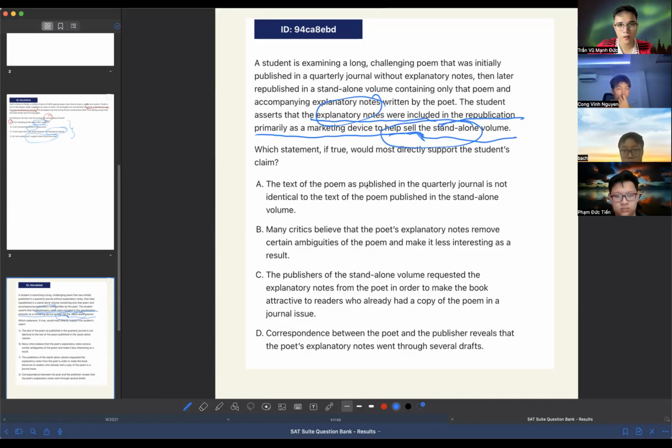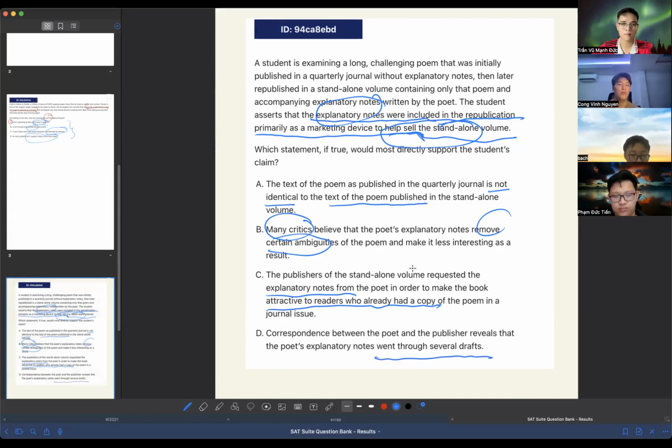Is it A, the text of a poem as published in a quarterly is not identical to the text of the poem published in the standalone volume, or B, many critics believe that the poet's explanatory notes remove certain ambiguities of the poem, or C, the publishers of the standalone volume requested the explanatory notes from the poets in order to make the book more attractive to readers who already had a copy, or D, correspondence between the two poets reveals that the poet's explanatory notes went through several drafts. Which one talks about this?